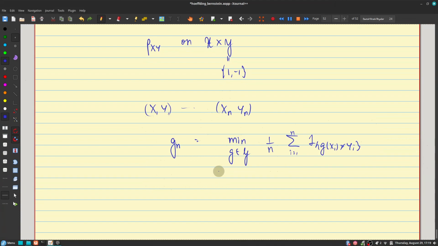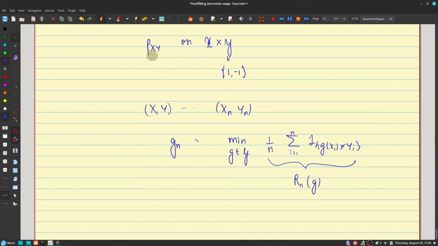So this particular quantity is what I'll call the risk, or the empirical risk, achieved by some predictor g. But really the fundamental quantity of interest is not how well you perform over this training set, but in fact if I present you a completely new sample drawn from P_XY, then how well will it perform?